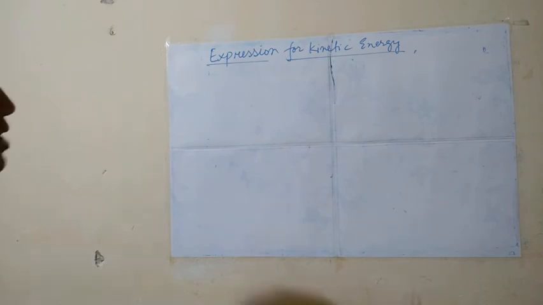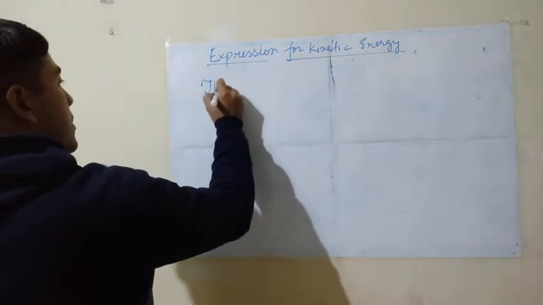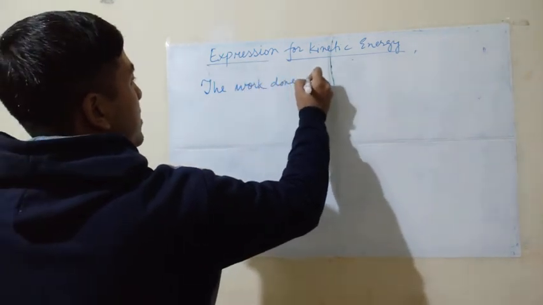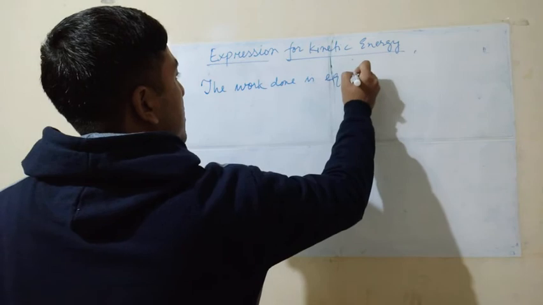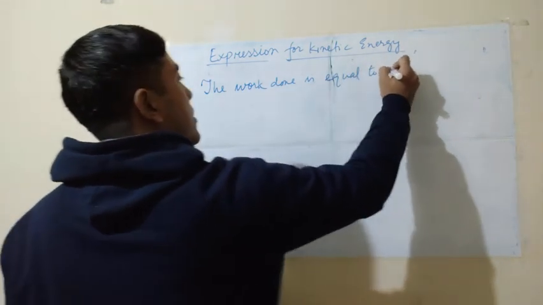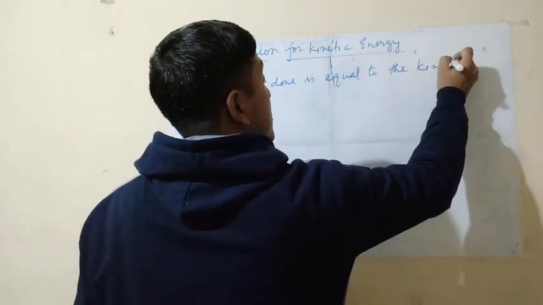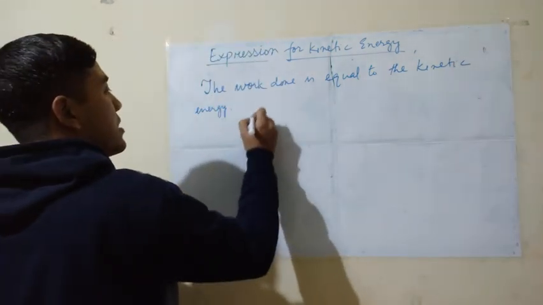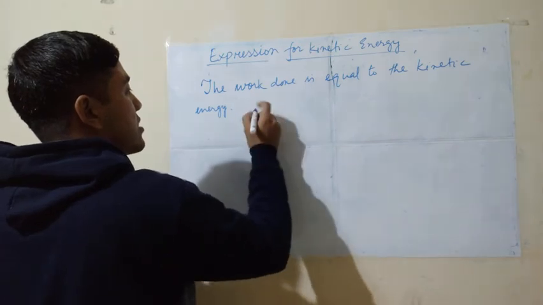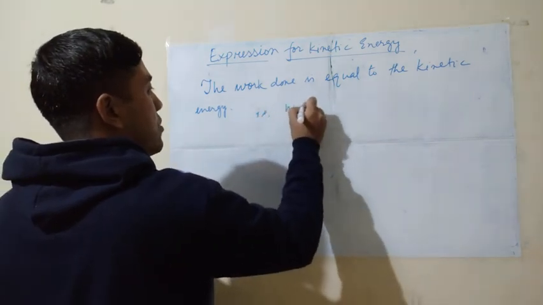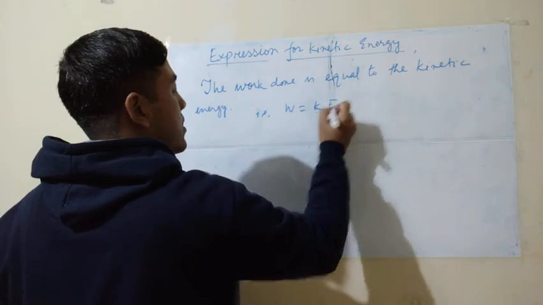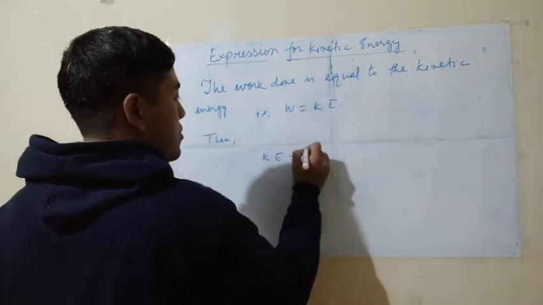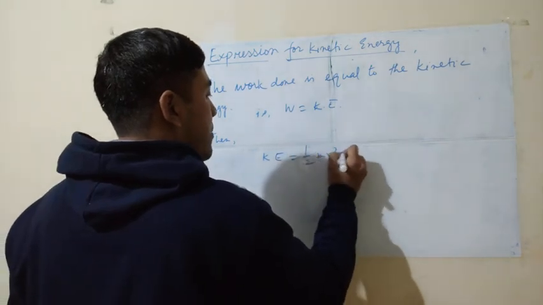Next, the work done is equal to the kinetic energy. That means W is equal to KE. Then KE is equal to half of MV square.